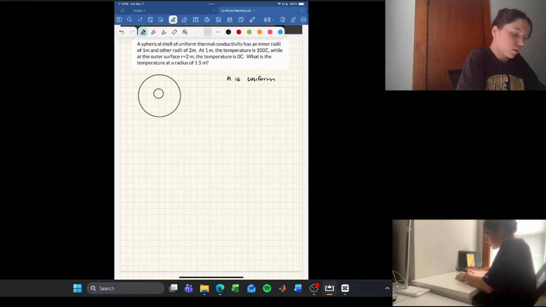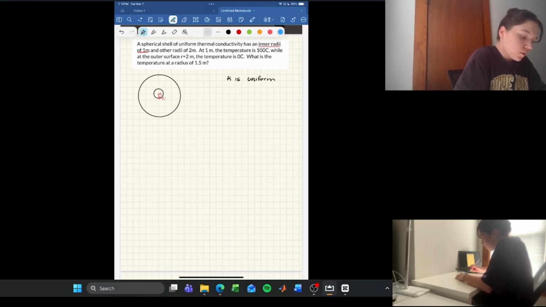And there's an inner radius of 1 meter, so that would be here. This is Ri. And then at this point here, this is the temperature. And then we have another radius of 2 meters.